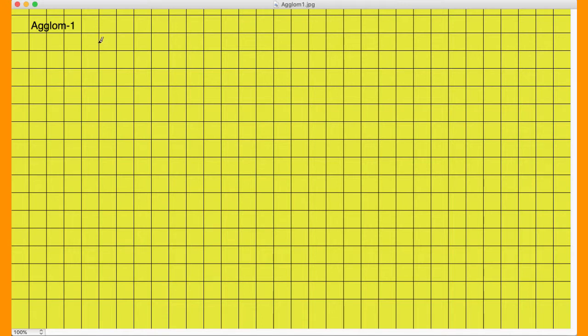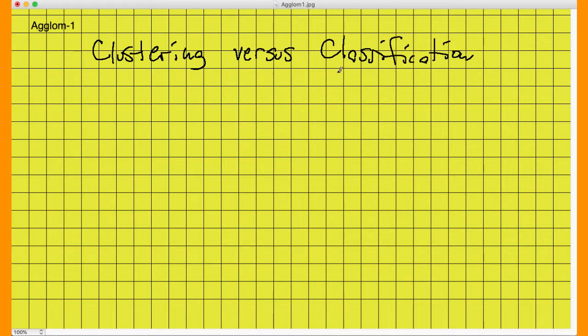But something that she started this section talking about is clustering versus classification. And it's just worth mentioning that. Classification is very interesting, and in fact, it's a topic that we are going to talk about in this class.